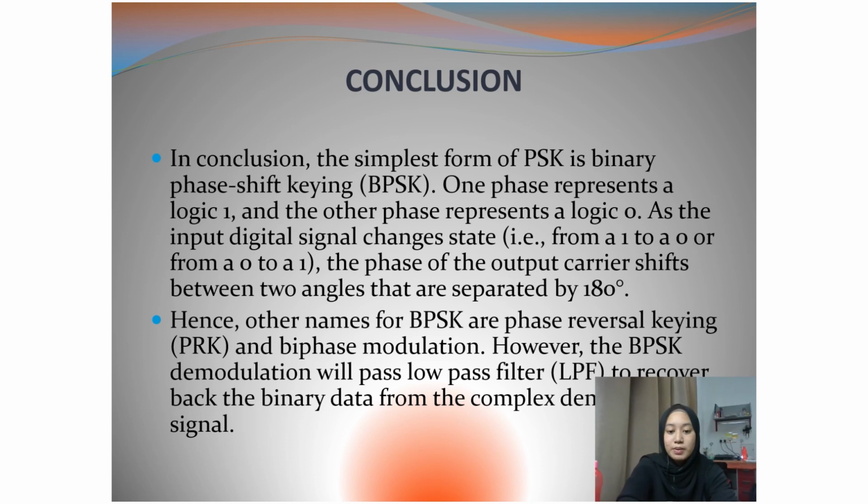Other names for BPSK are phase reversal keying, which is PRK, and biphase modulation. In BPSK, the modulated signal will pass through a low pass filter to recover the binary data. That's all from me for environmental sustainability and conclusion.